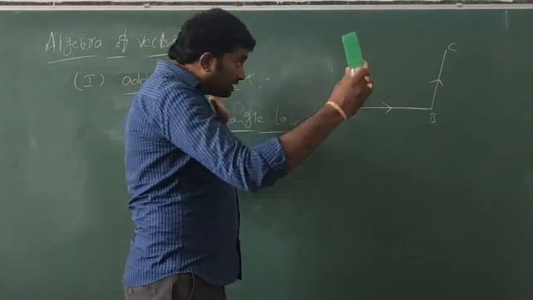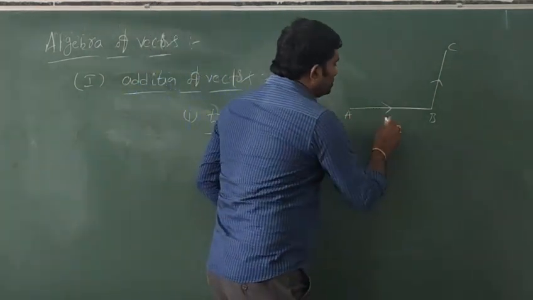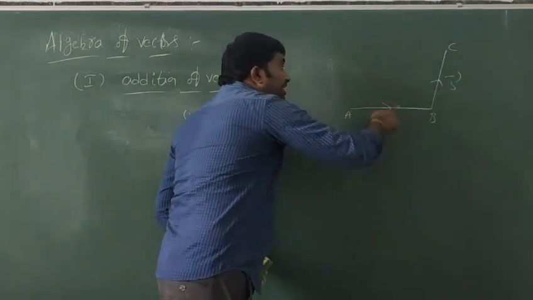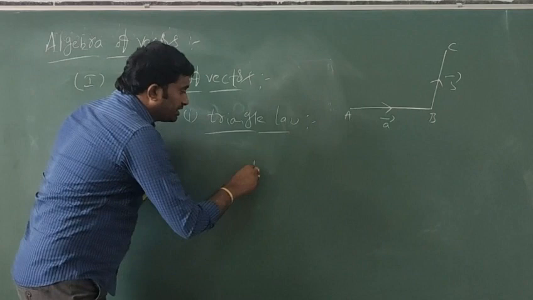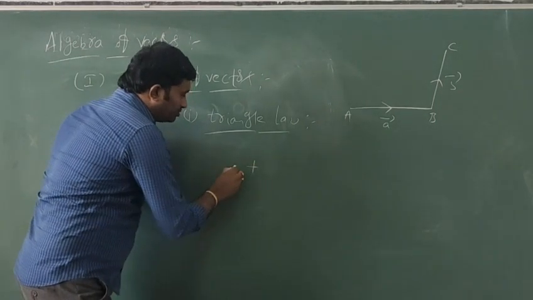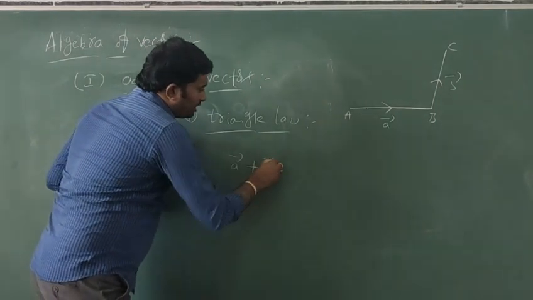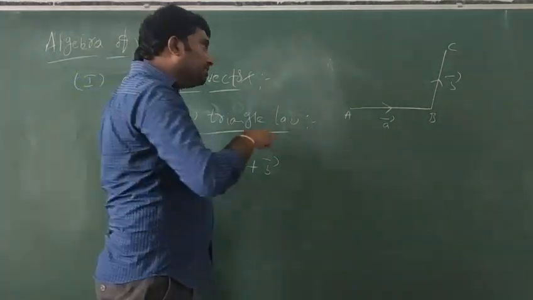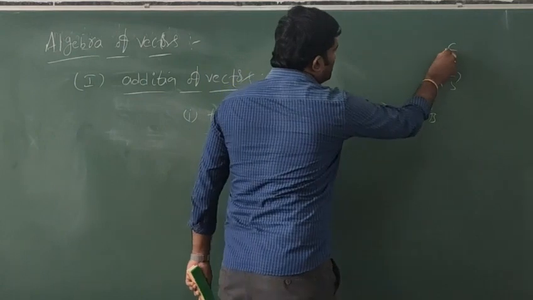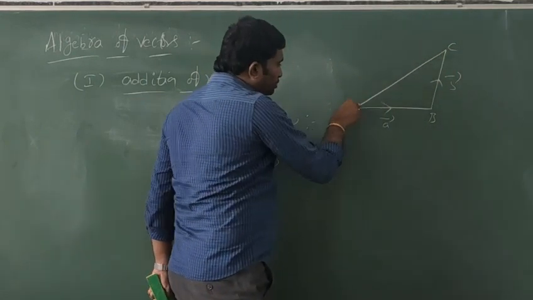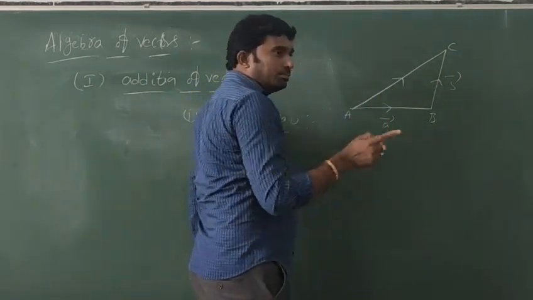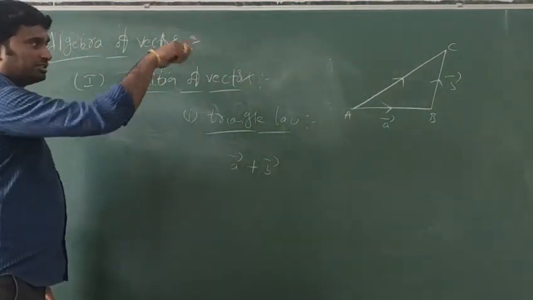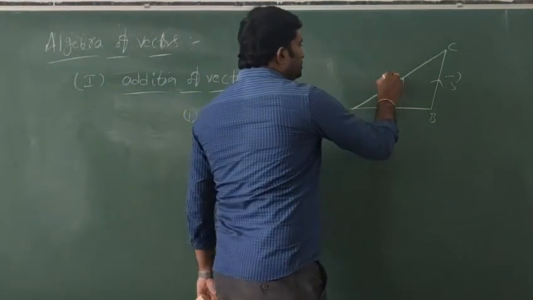Then the resultant, for example, this you say a bar, this vector you say b bar. Then the resultant, meaning the sum of these two vectors, a bar and b bar, is also a vector which is expressed in magnitude and direction by the third side of the triangle, C bar.